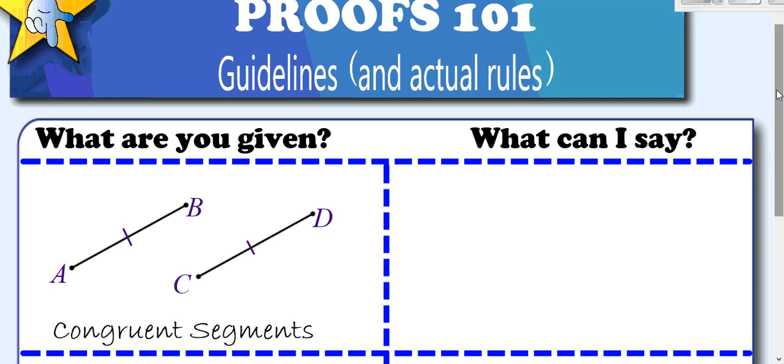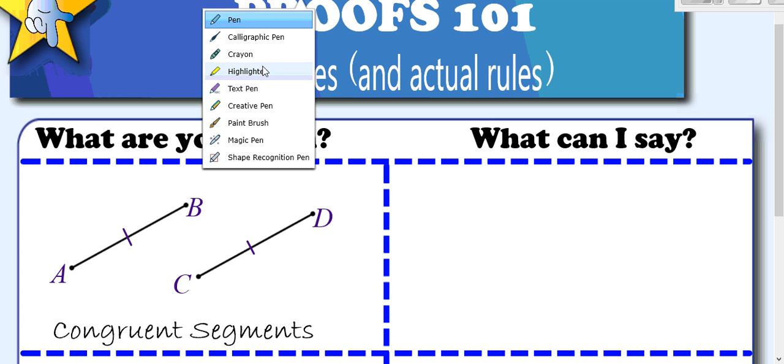So those were a bunch of the properties that you could use. This comes from stuff that you might be told or you might see in a picture to start a proof. So here we have congruent segments, two segments that are congruent. We know they're congruent because they have these little tick marks.